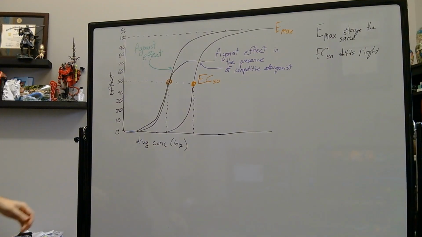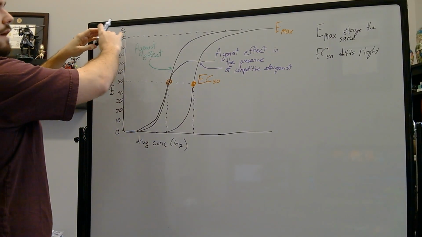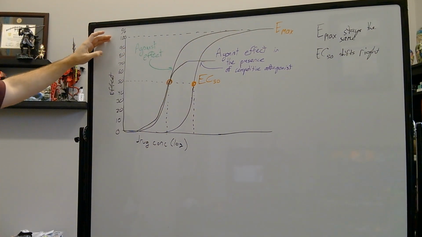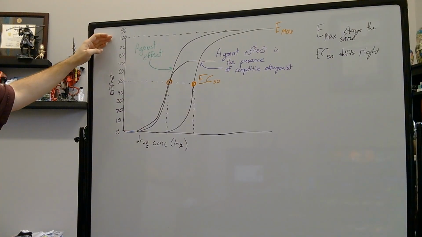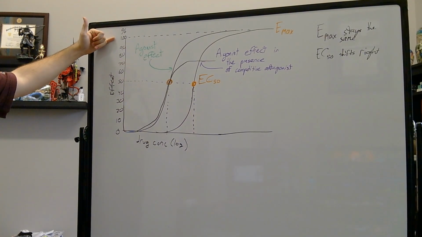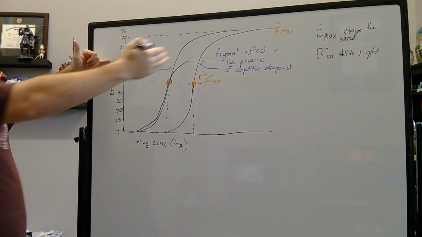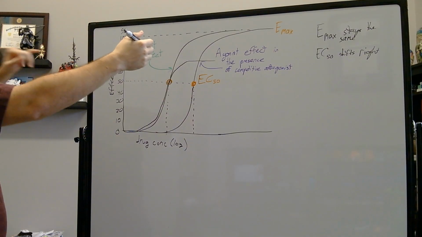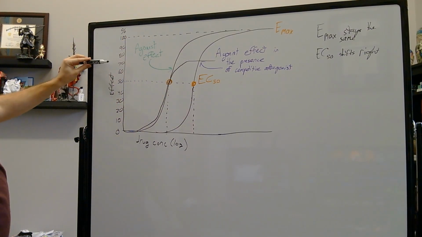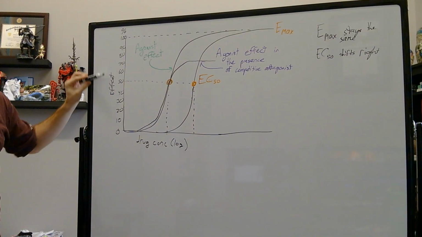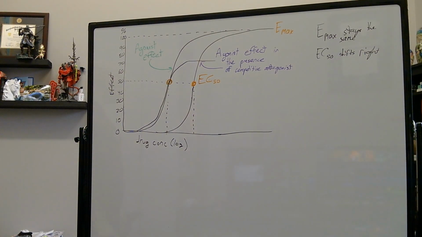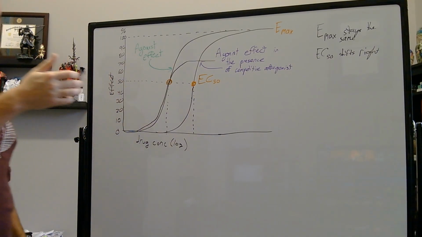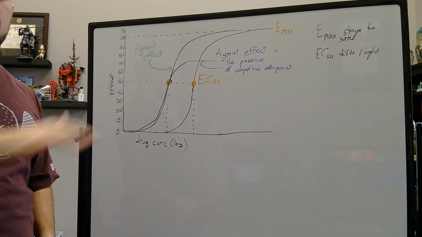A full agonist with all of its receptors that it can bind to would have this Emax of 100. Then you introduce this non-competitive antagonist, and it doesn't matter how much of that full agonist you introduce, because it's going to be capped at a certain percent of effect, because the non-competitive antagonist is knocking receptors out for it.